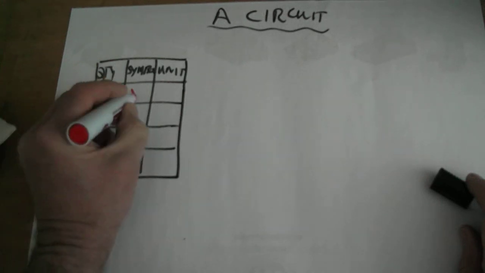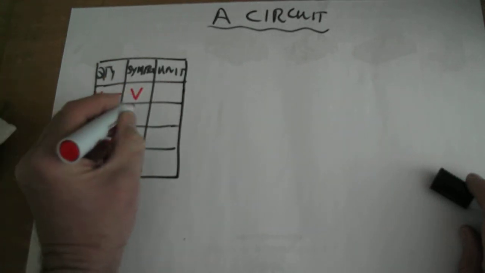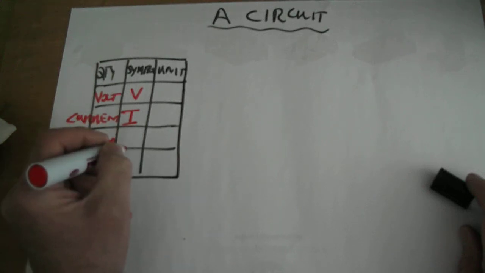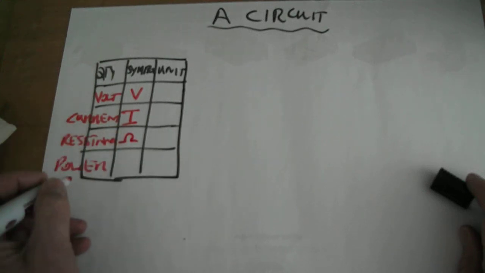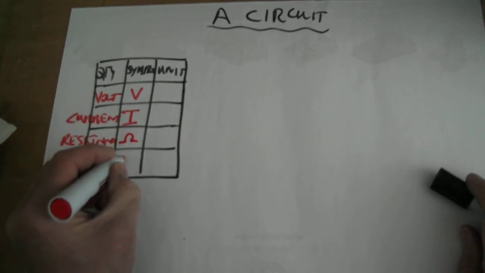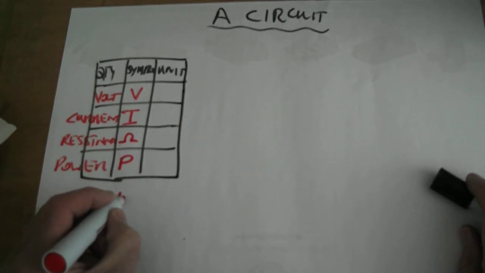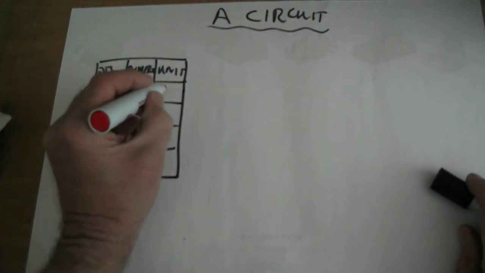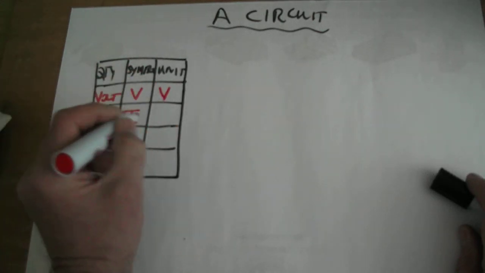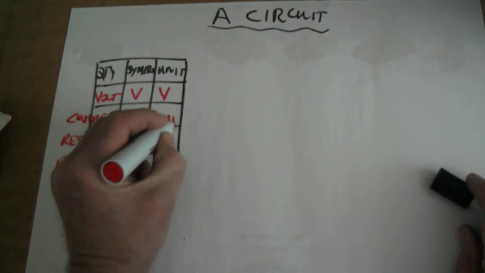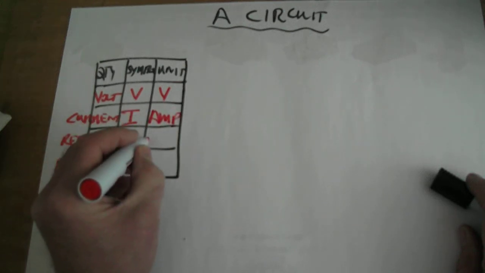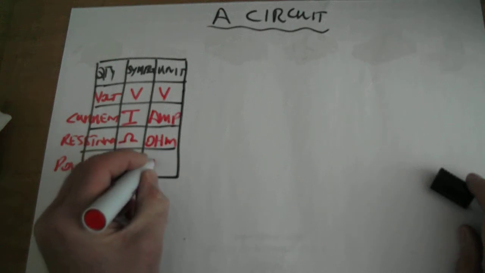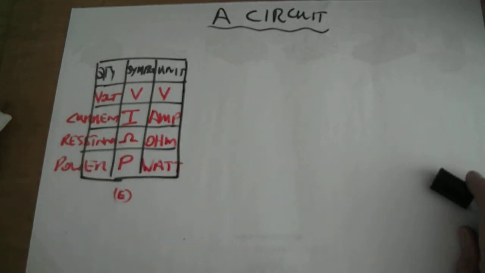The symbol is V for voltage, I for current in a circuit, omega for resistance, and P for power. Sometimes that's called E in some circuits. The unit is the volt for volts, amps for current, ohms for resistance, and a watt for power.